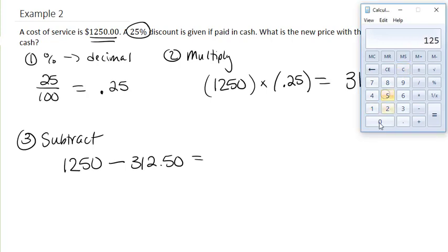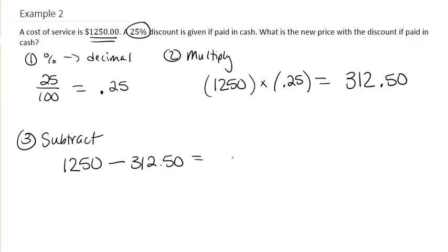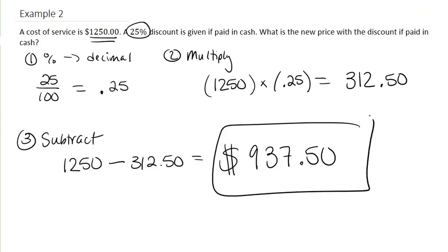So here we have our final price if paid in cash, which is $937.50. So let's do one final example.